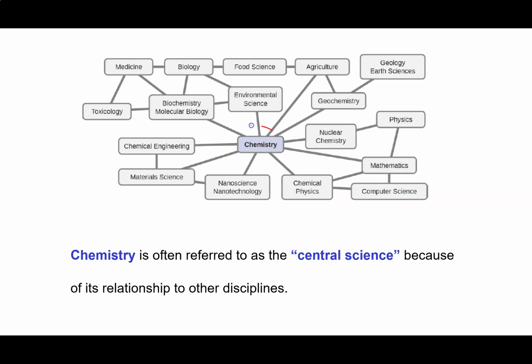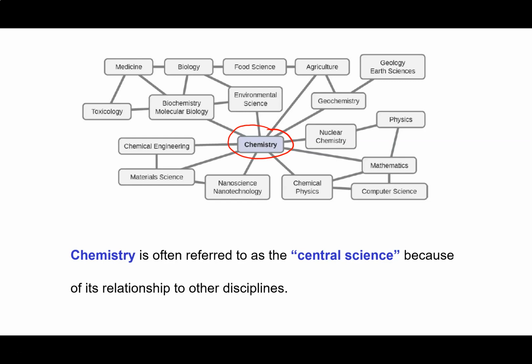So chemistry, because it's concerned with matter, and a lot of the important aspects of the universe can only be explained if you understand how matter is behaving. For this reason, chemistry is often referred to as the central science, because it fits in with a lot of other scientific disciplines.